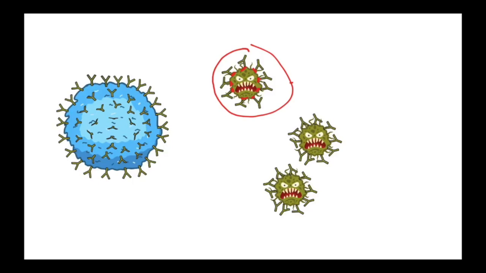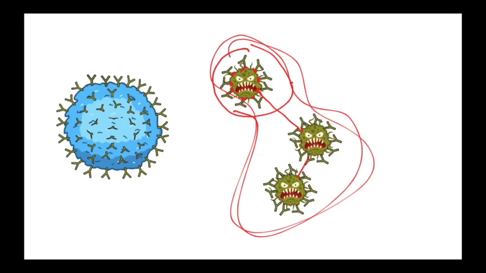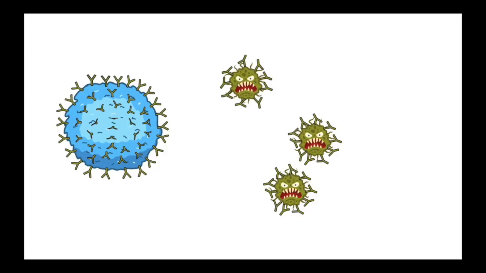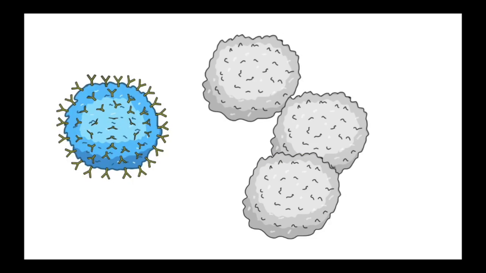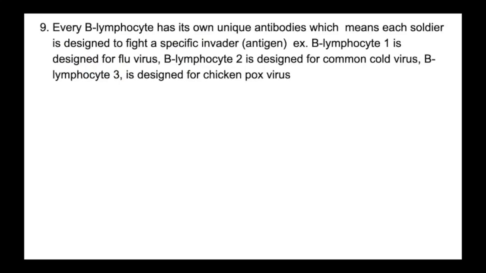Also, we can link these together, and they create this clump, and they're easier to spot. And then the killers come in and kill them. And so that's how your body works. Isn't that cool? That's so cool.